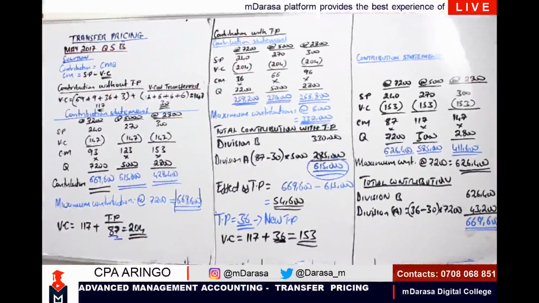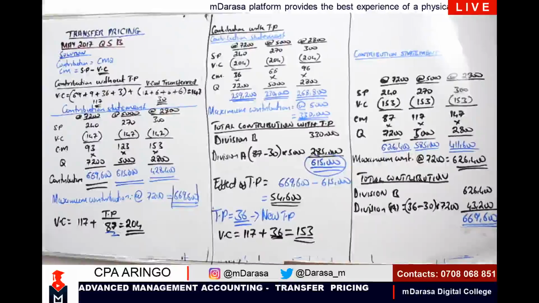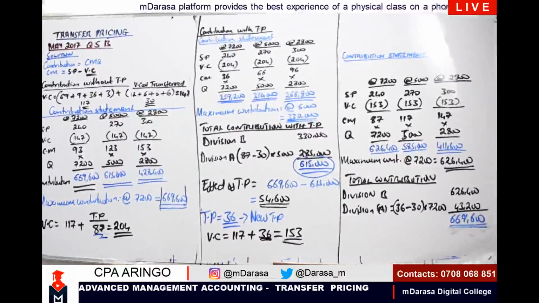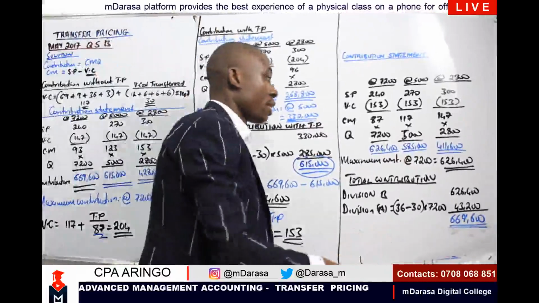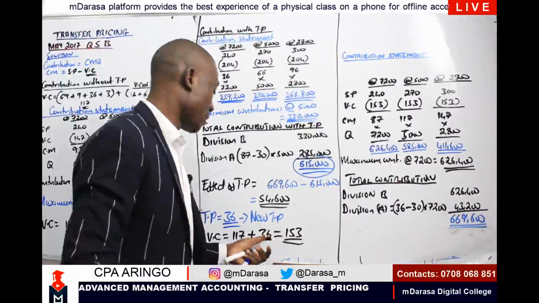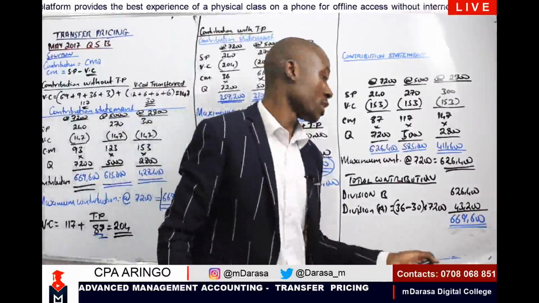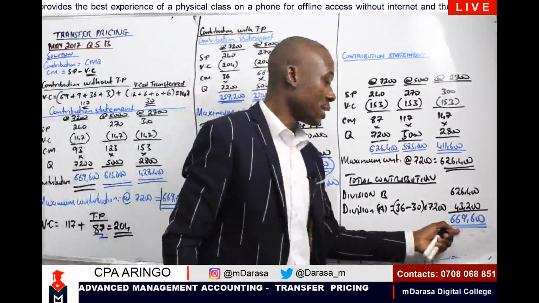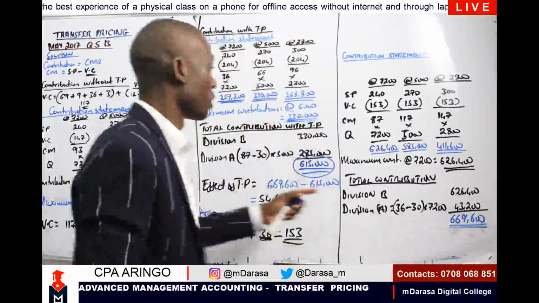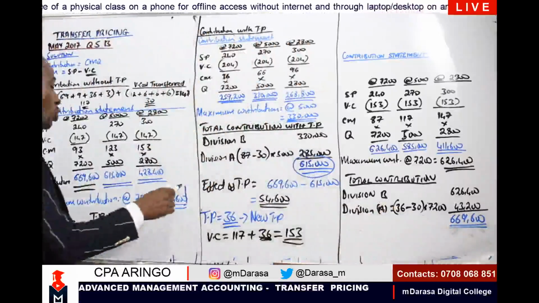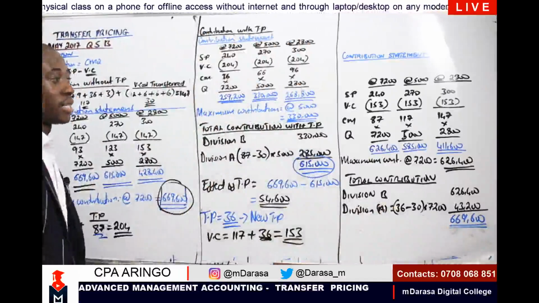We compare with what we had here. With the transfer price of 36, the total contribution generated from Department B is 669,600. Without transfer pricing, our total contribution was also 669,600.